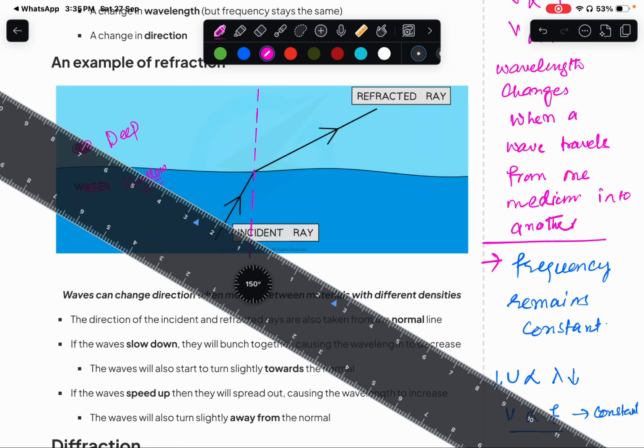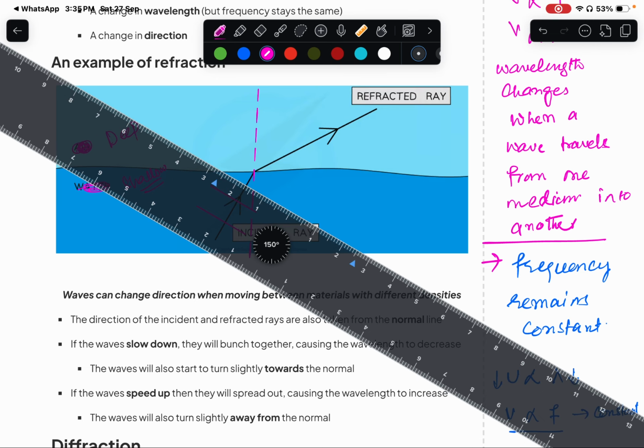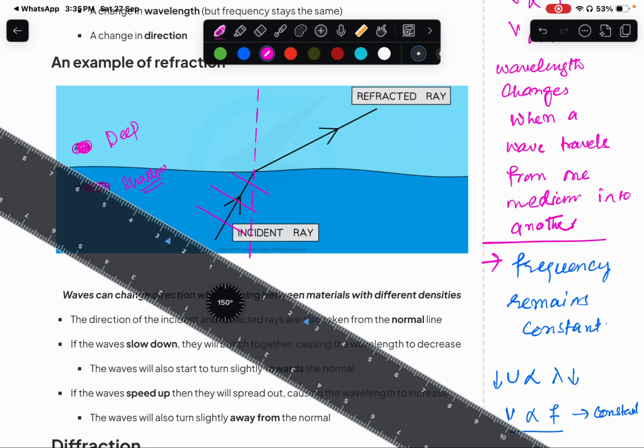Let's suppose that is the angle with which those wavefronts are entering. What would happen to those wavefronts?